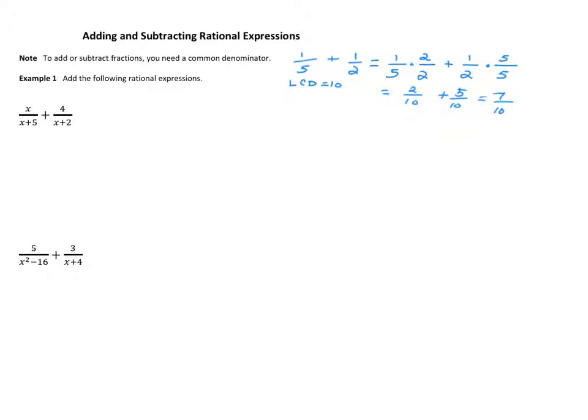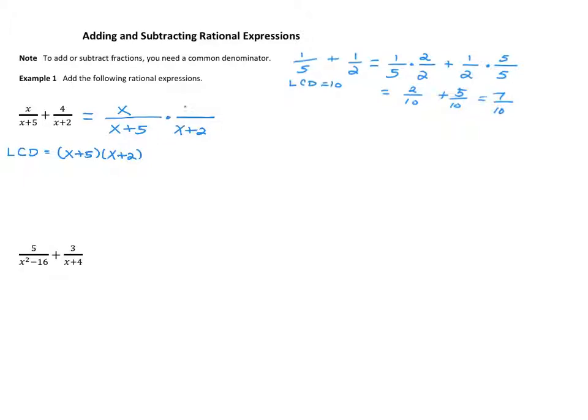Let's use this idea to add these two fractions together. So to start with, I need the least common denominator, and it is simply the product of x plus 5 and x plus 2. And I'm going to leave it just like this. So I'll take my first fraction, and note that I'm missing the x plus 2, so I have to multiply it in.